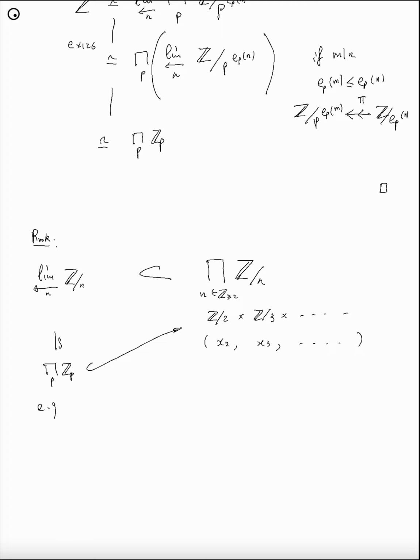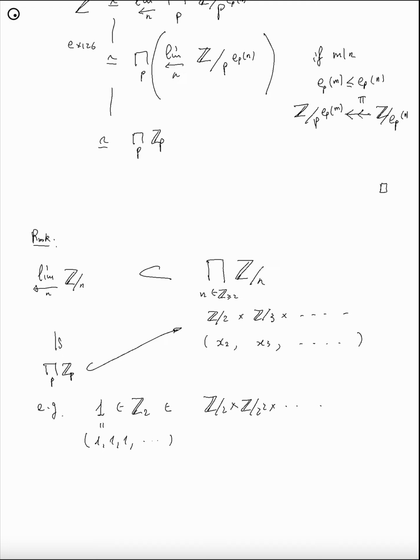For example, if you take the identity in Z_2, this corresponds to 1, 1, 1 in the product of Z mod 2, Z mod 2 square, etc. And then how do you map it there?